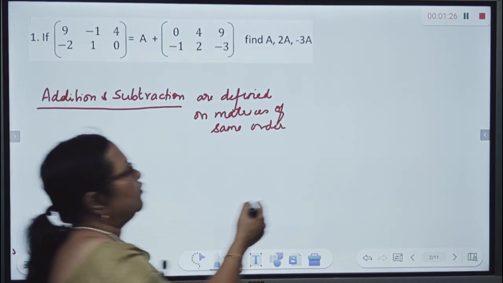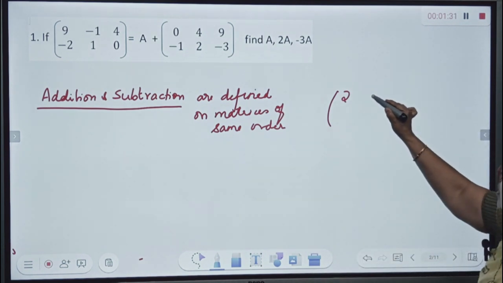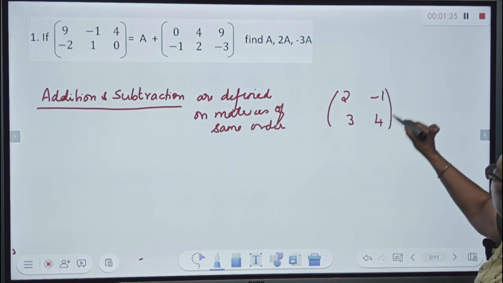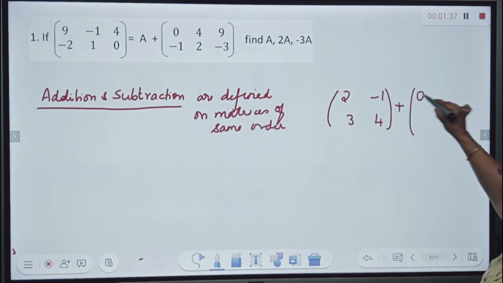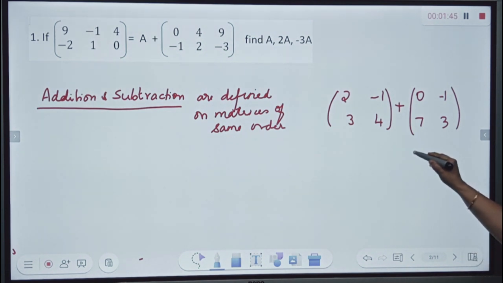So suppose I have two matrices, say 2, minus 1, 3, 4 plus 0, 1, 7, 3. What is the most natural way of adding is term by term.